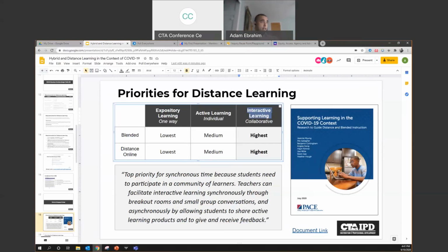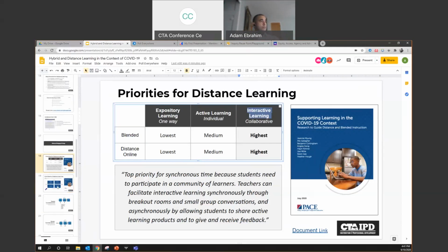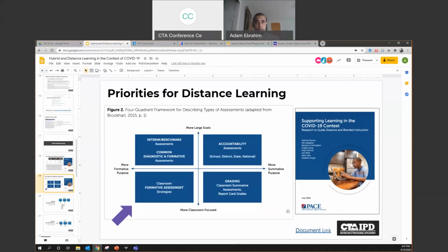They're saying here that if you set your priorities about what we're doing when we're synchronous, structure collaboration, right? Collaborative inquiry. There's a lot of stuff they can do on their own at home. So that's one of the arguments they're making here. They also call out that we always knew this as educators, right?